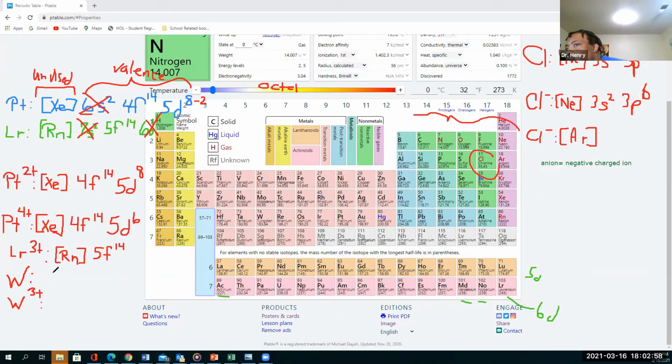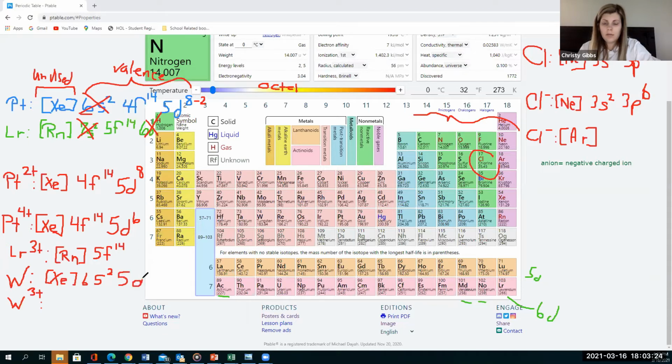Okay, so what would be our core? Xenon, Xe. And 6s2. Then 5d14? 4f14, no?